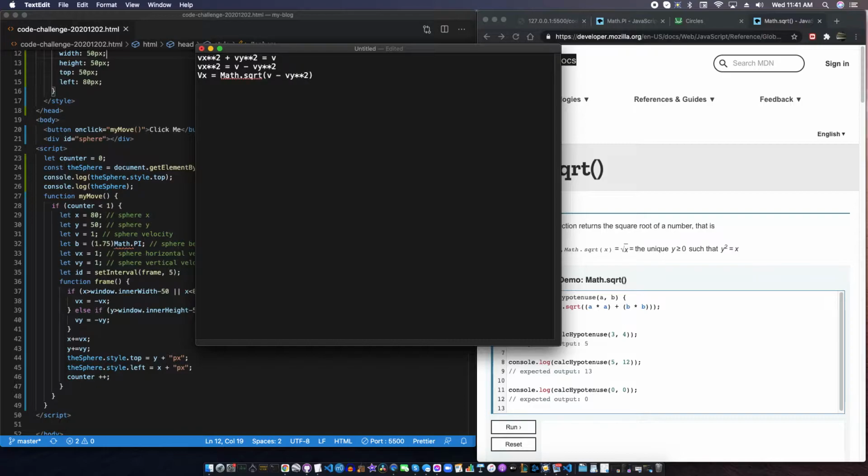And this is, you know, it's not V times Y squared. It's Vy squared. But, you know, we all know this is JavaScript, so I don't need those parentheses. So, yeah, Vx. So I solve for Vx.